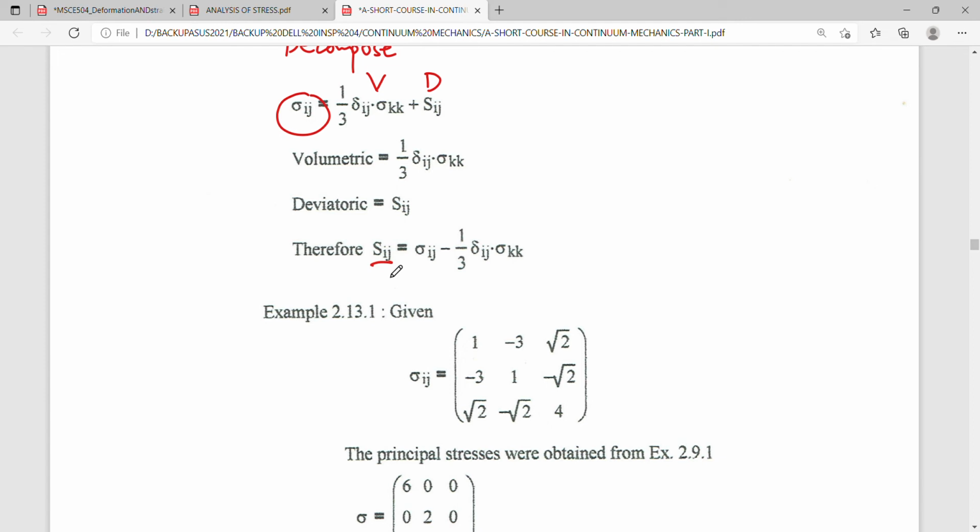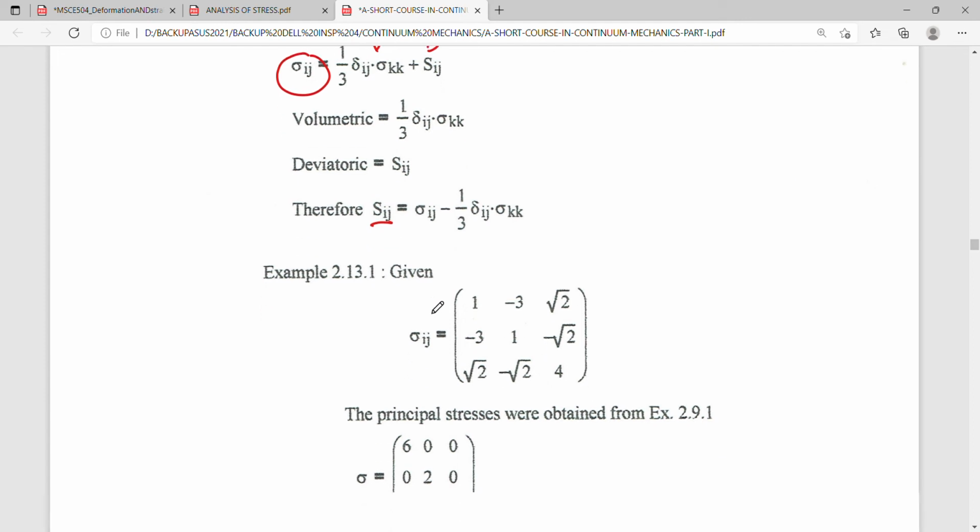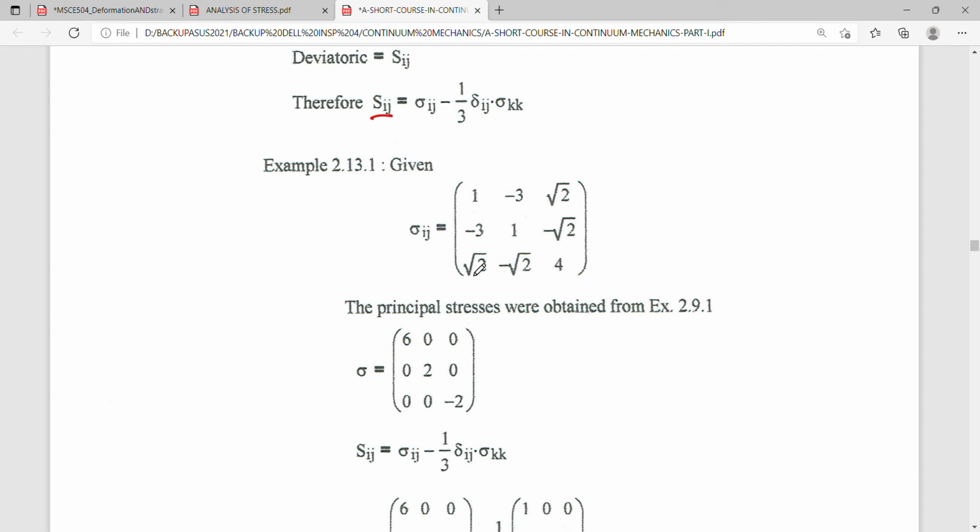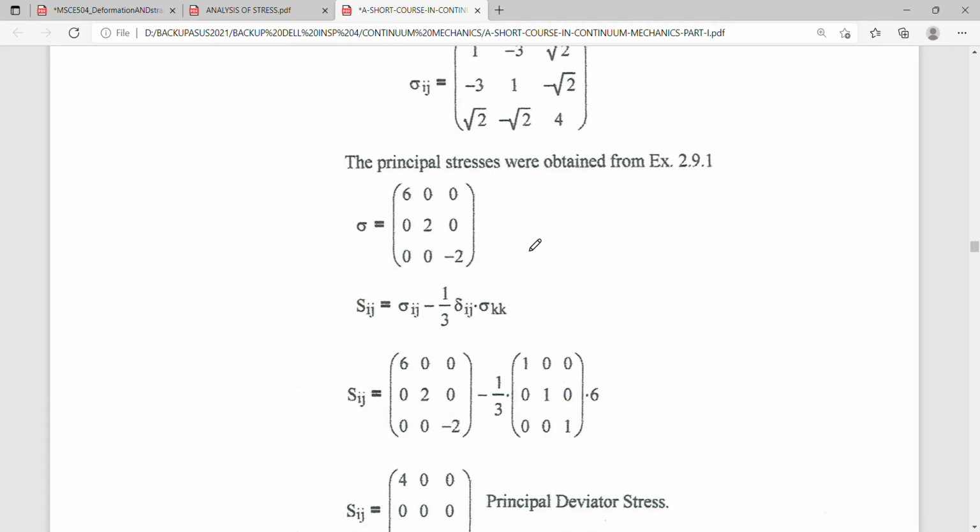So to introduce to you a problem on this, we consider now a stress, sigma ij, wherein the principal stresses were obtained basically the same as that in example 2.9.1, and we yield these results for the principal stresses.